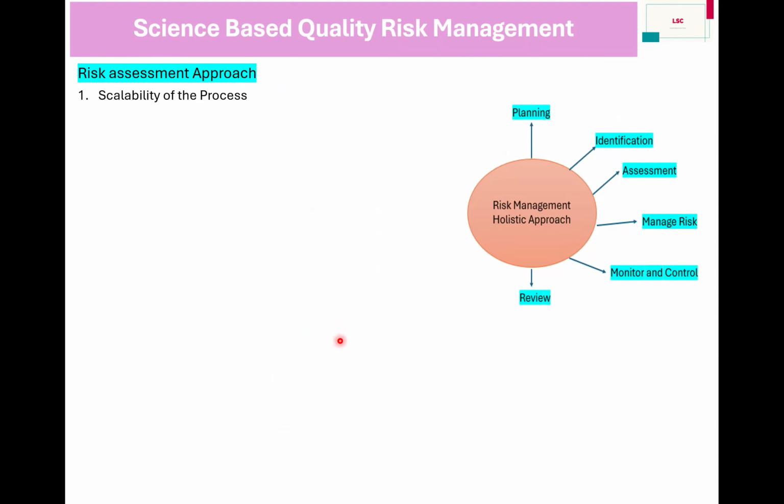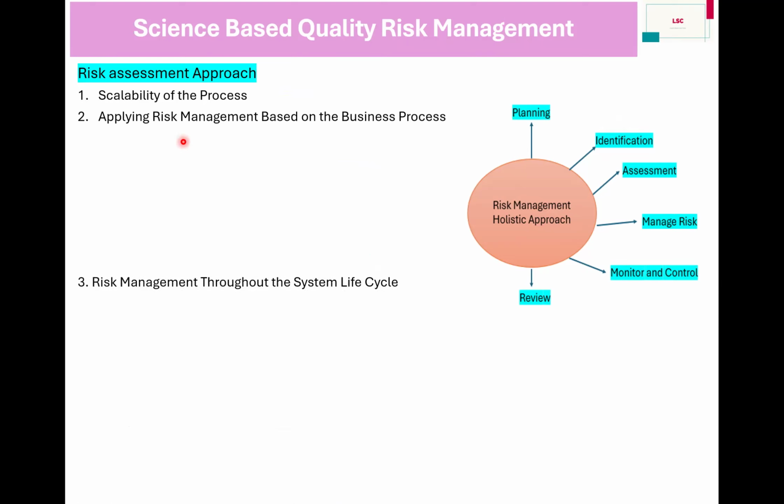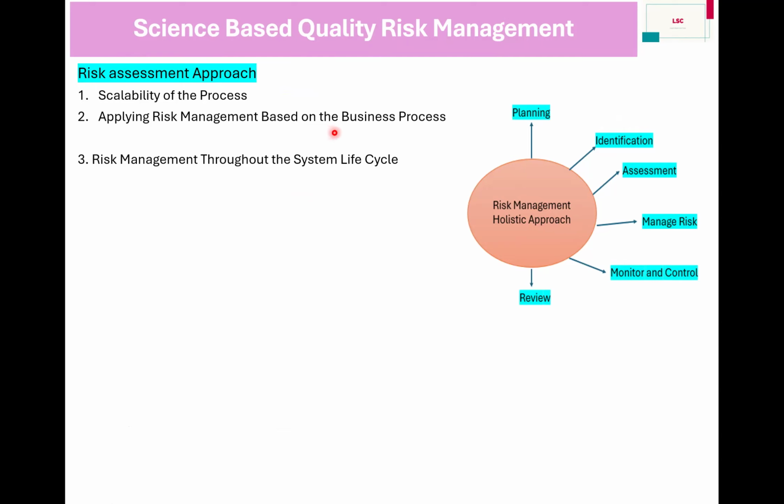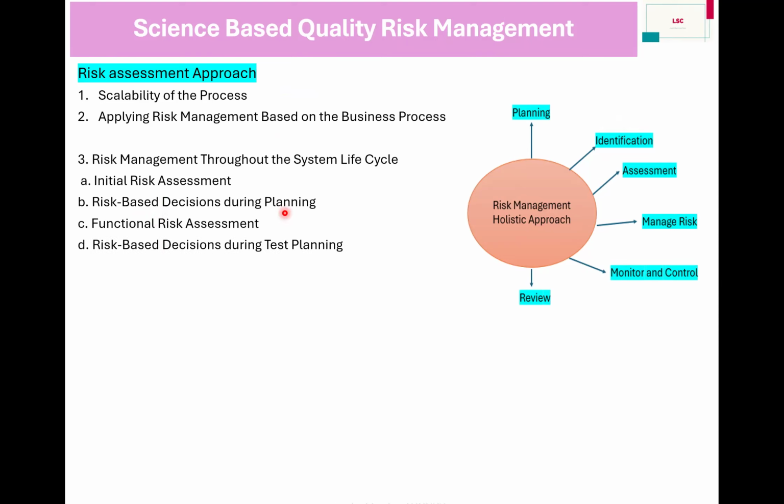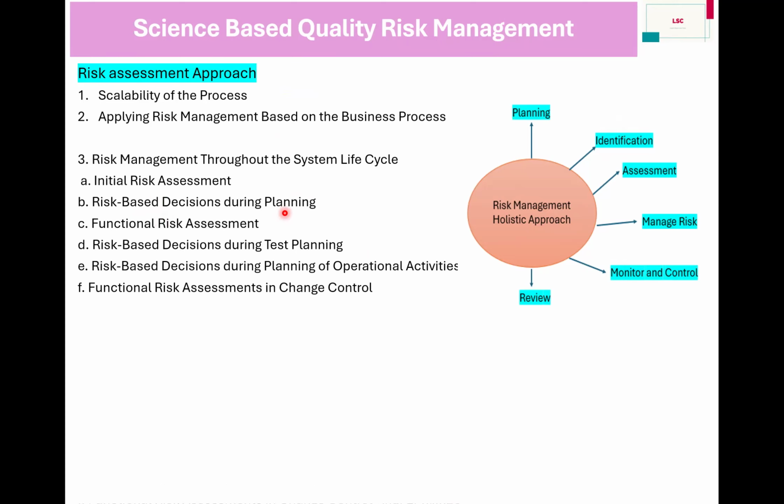First of all, scalability of the process, which we already discussed, that the overall process has to be scalable. Then apply risk management based upon business process, and risk management throughout the life cycle, that is initial risk assessment, then risk-based decision during planning, then functional risk assessment, then risk-based decision during test planning, then risk-based decision during the planning of operational activities, then functional risk assessment in the change control, right?